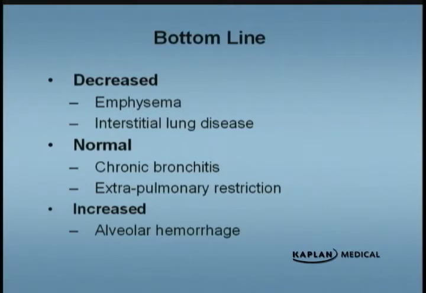If you have alveolar hemorrhage in the lung and you measure the DLCO, because there's a lot of red cells there, the DLCO will be increased. So DLCO is decreased in anything that affects the alveolar membrane and is increased with alveolar hemorrhage.